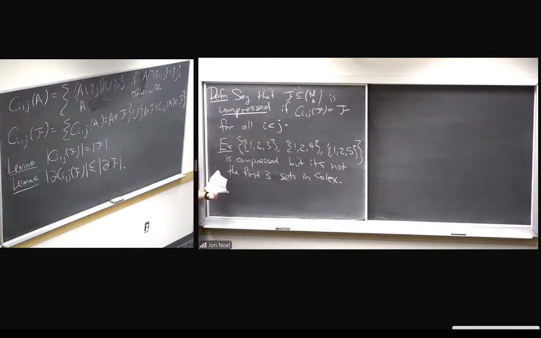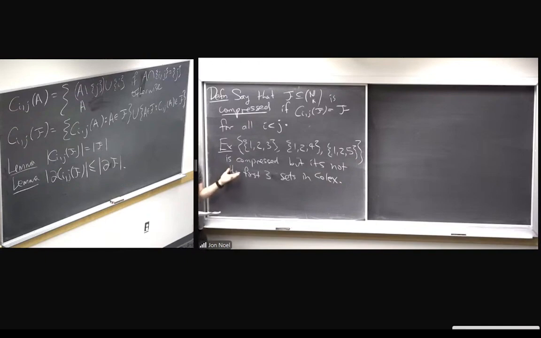That would be the simplest approach: you just take a family and compress it. Then if it equals the first M sets in colex, you could say the shadow is at least the shadow of the first M sets in colex.